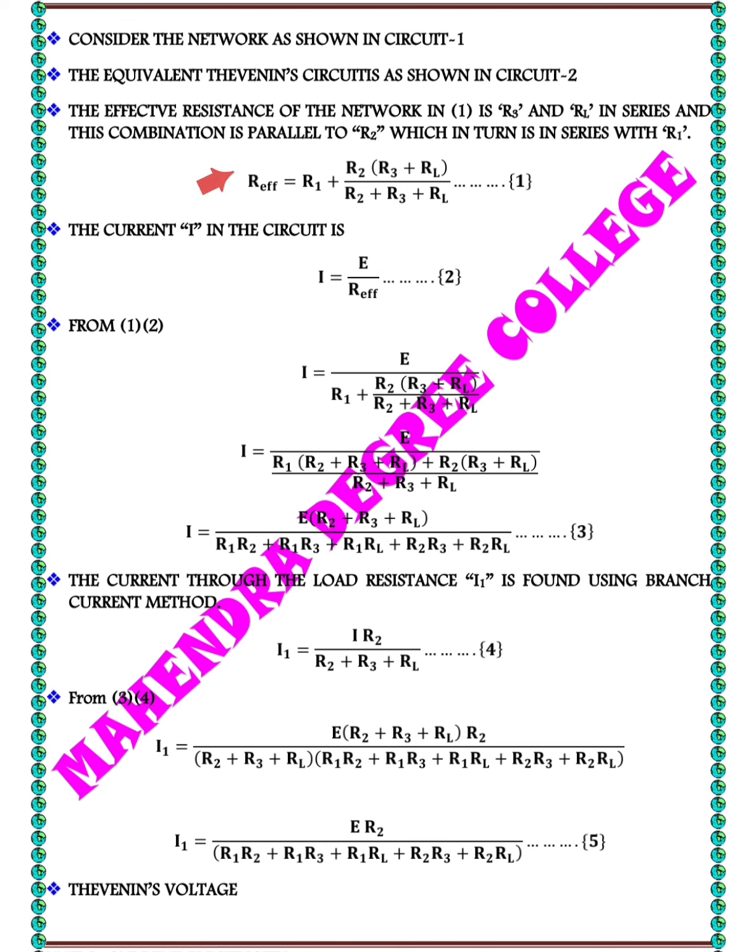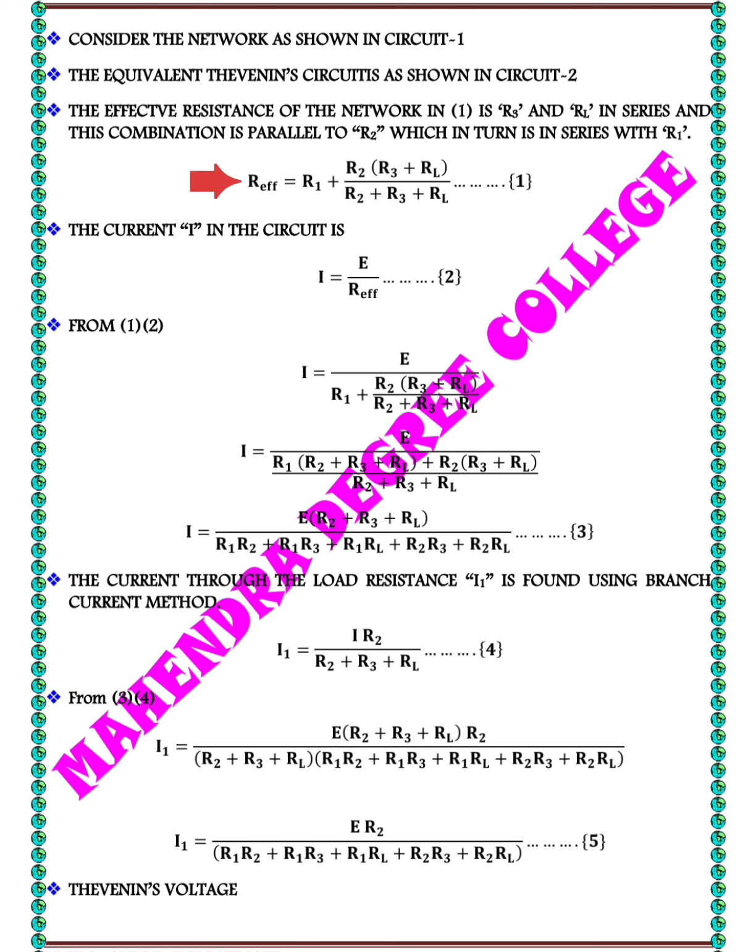We write the effective resistance formula: the effective resistance equals R1 plus R2 into R3 plus RL by R2 plus R3 plus RL.